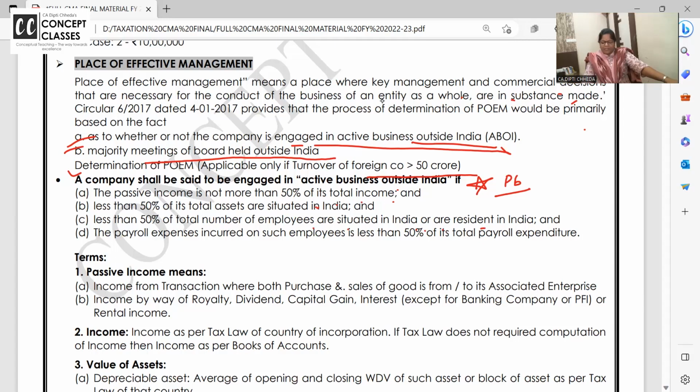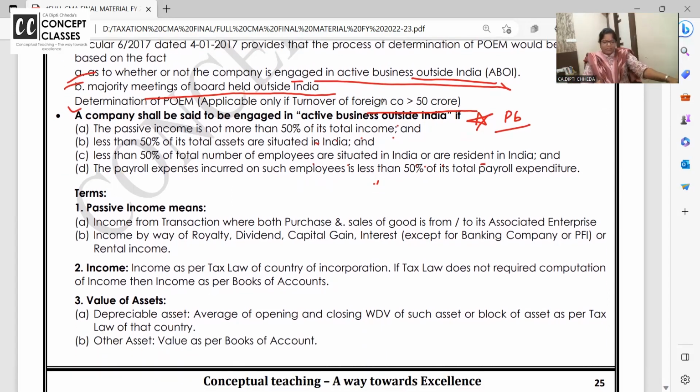And payroll expenses incurred on such employees is less than 50% of the total payroll expense. Okay, right? So if these four conditions are satisfied, we say that active business is outside India. Then check the board meeting. If major board meetings are also outside India, then it will be outside India. The foreign company will be non-resident.